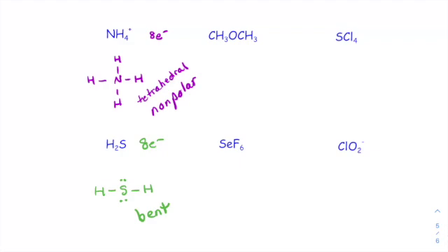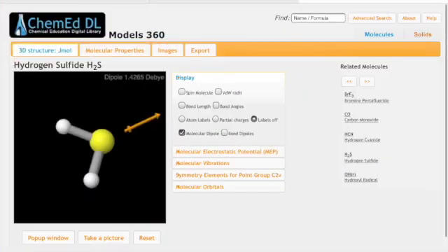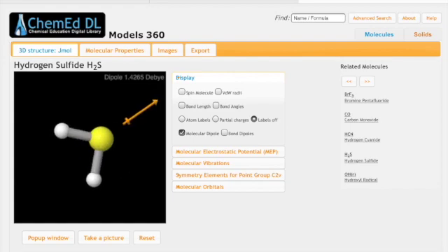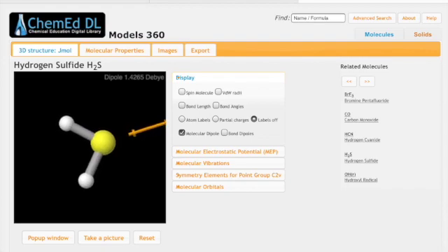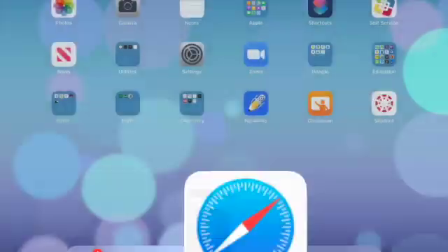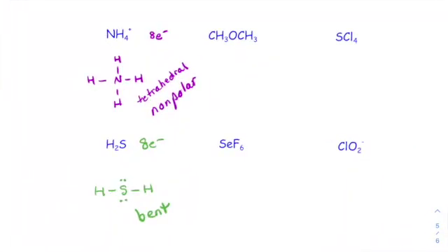And so those hydrogens don't cancel each other out. Let me pull up a picture of it. There it is right there. I have bond dipoles we can see. And I have the molecular dipole. So this is polar.